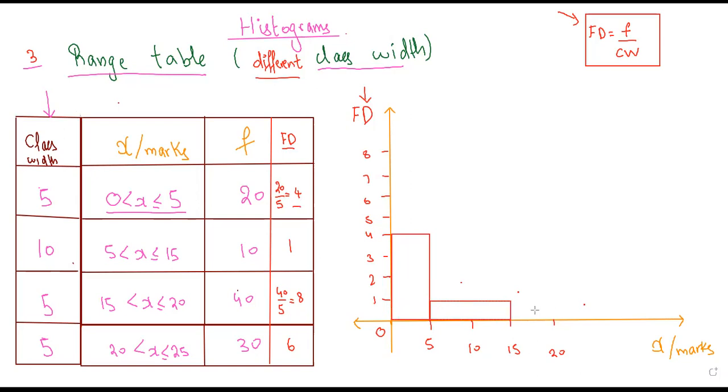From 15 to 20, the frequency density is 8. Okay. So this is what I have. And then the last one is 25. And then from 20 to 25, the frequency density is 6.